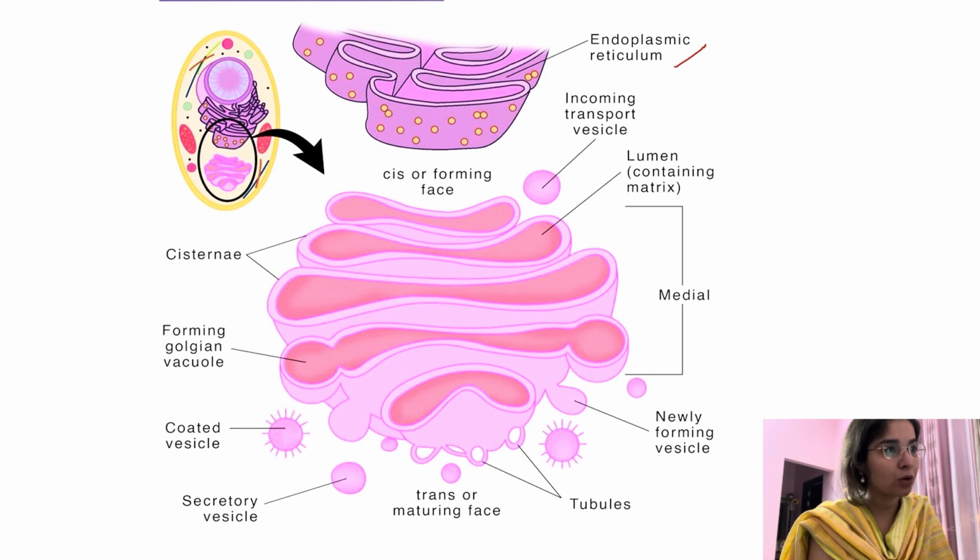From the cis phase, they go into the medial part, and then modification happens, and they are eventually released from the trans phase or the maturing phase, right? The modification here is basically that signals are being added so that the packaged proteins are labeled in such a way that they can be targeted to various parts where the protein has to be delivered.